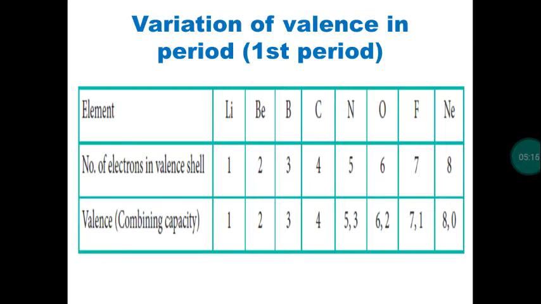Out of the two shells, the second shell will be the outermost shell for second period elements, right? So now we write the number of electrons in the outermost shell, that means the second shell. This is called the valence electron. The number of electrons in the valence shell is called the valence electron.